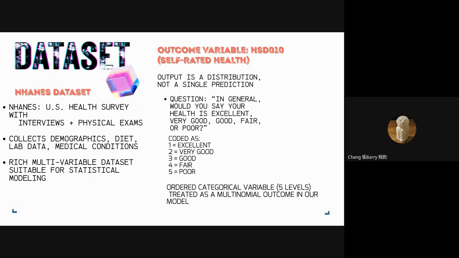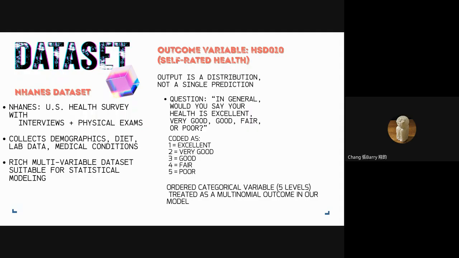So it provides a wide range of health-related information on the same individuals because it includes the demographics, diet, lab tests, and medical conditions altogether. It is a very strong data set for statistical modeling.